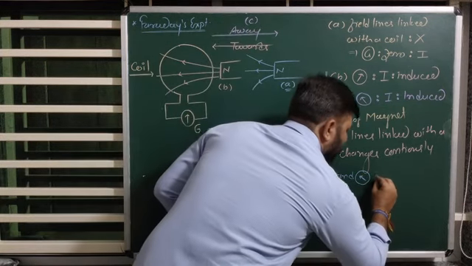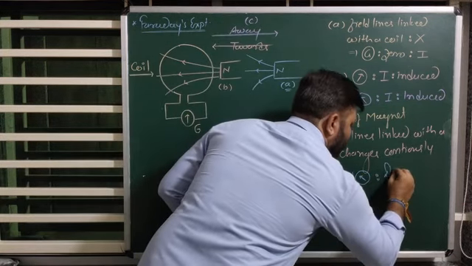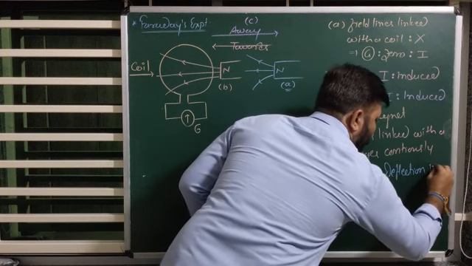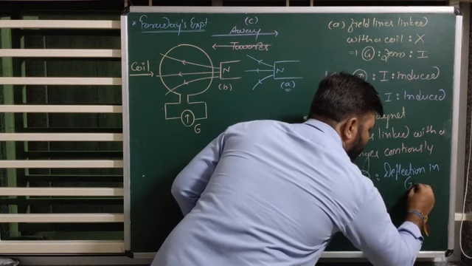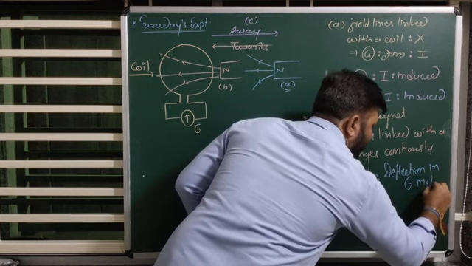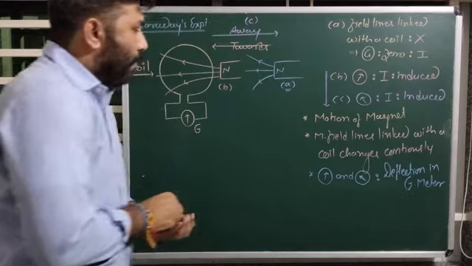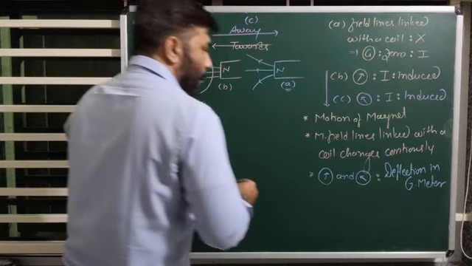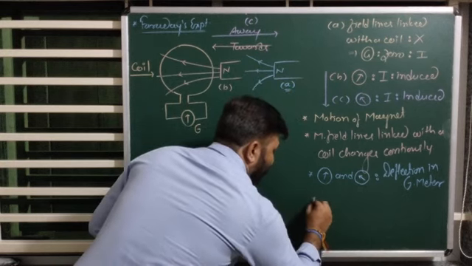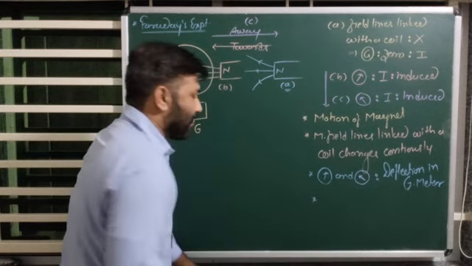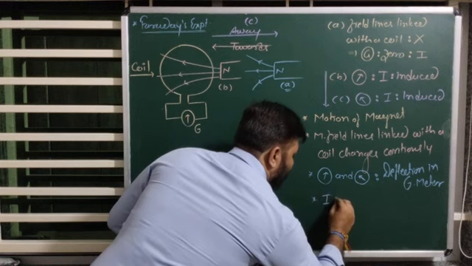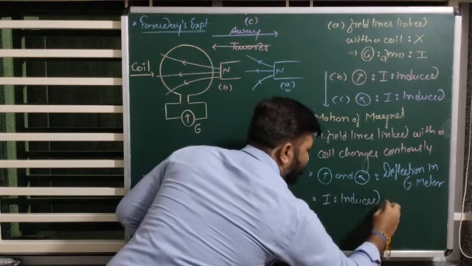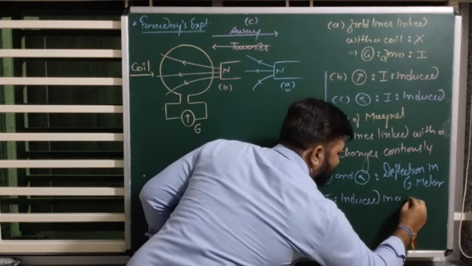Right? So there is a deflection in the galvanometer, and due to this deflection, we know very well, if the galvanometer deflects, it indicates that electric current is induced in a coil.